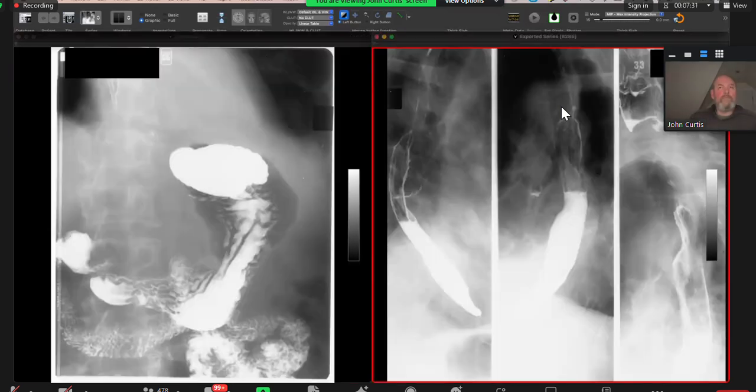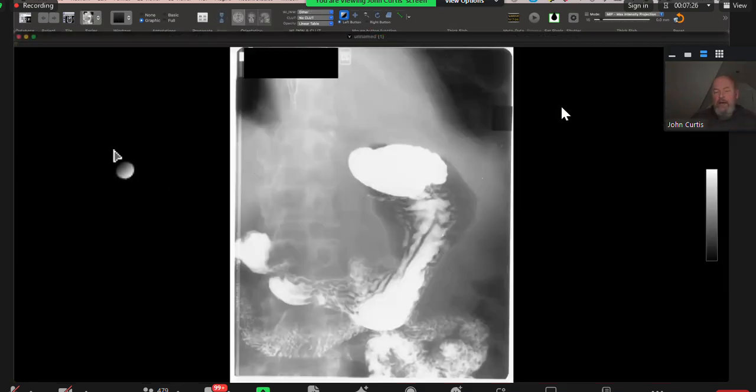Okay, so I'm provided with the spot image of the barium meal examination, in which I can appreciate that the barium is outlining the cardiac end and the body and the pyloric canal, and it seems to be passing fine through the pylorus into the duodenum, and it is opacifying the duodenum as well as the duodenal loops.